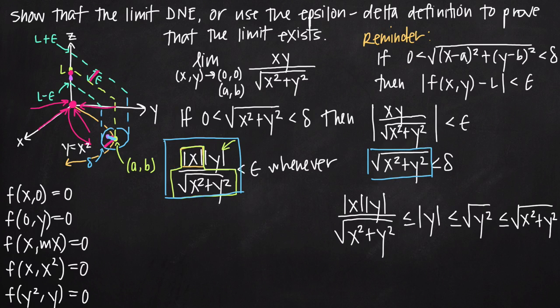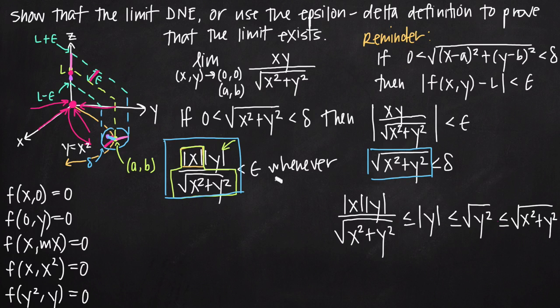Now, if we take an arbitrary relationship between epsilon and delta, and we say that delta, the radius of our circle right here, is equal to epsilon, the distance between the limit and this point here, then we can swap out epsilon for delta and vice versa. That information, coupled with this inequality here, proves that the limit exists.